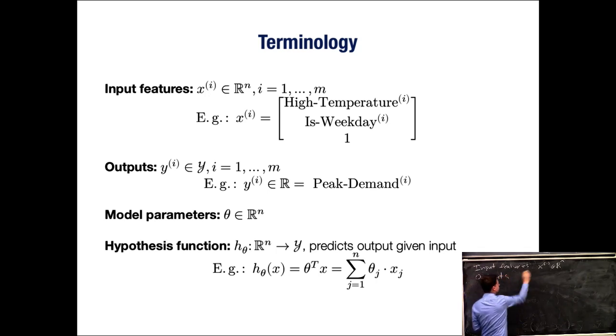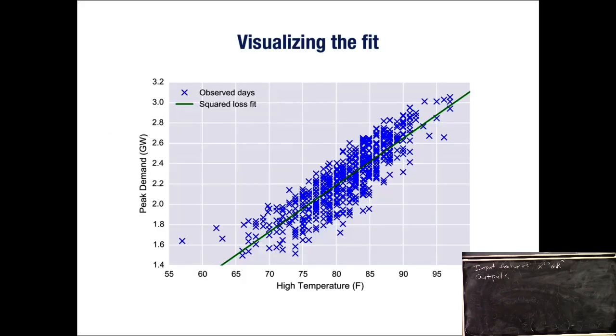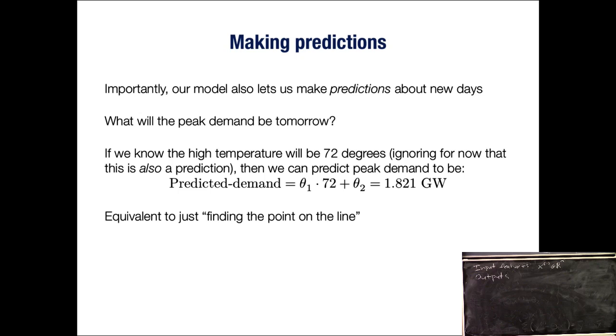An example of this is what we had before. Say it's the high temperature at day i. Maybe we add things like, is day i a weekday? And then for convenience, I'm going to wrap that constant term into the features themselves. Remember, when we went back, we had this additional term here, theta 2.